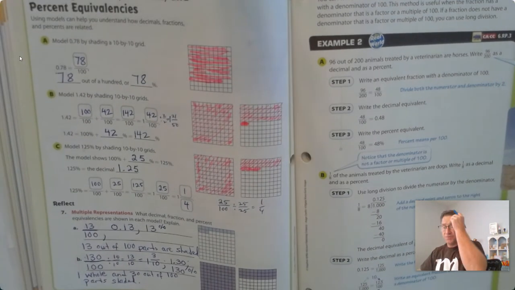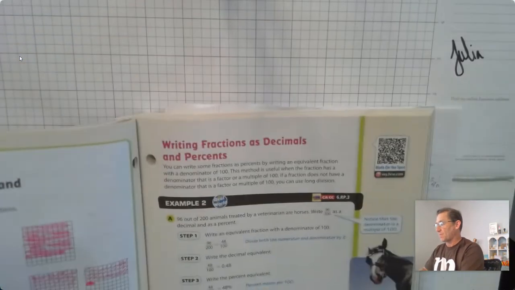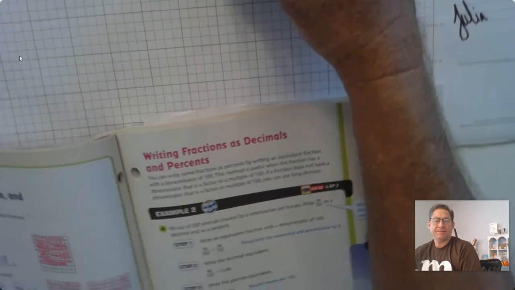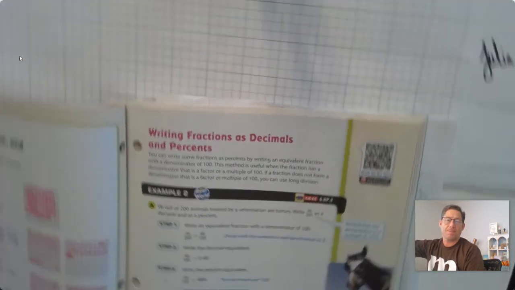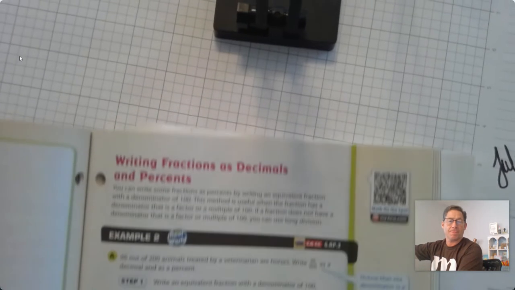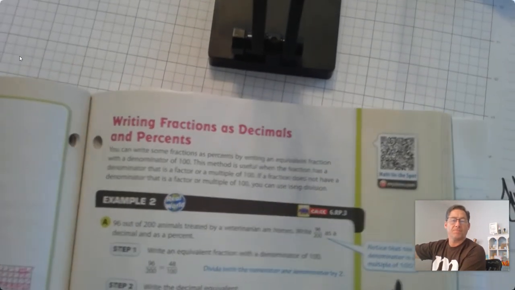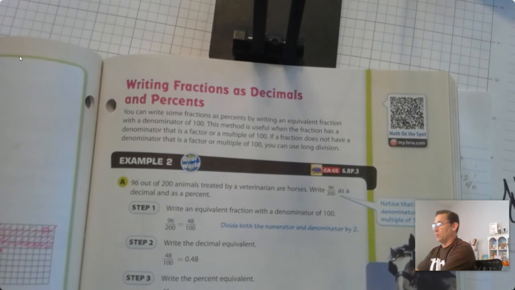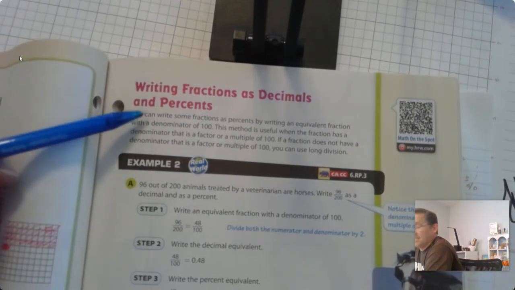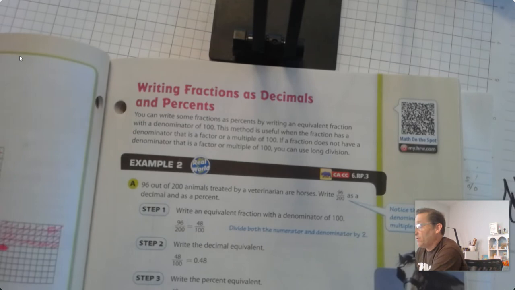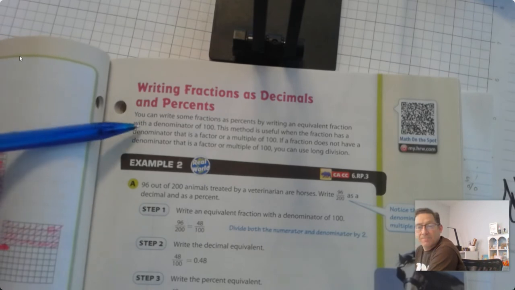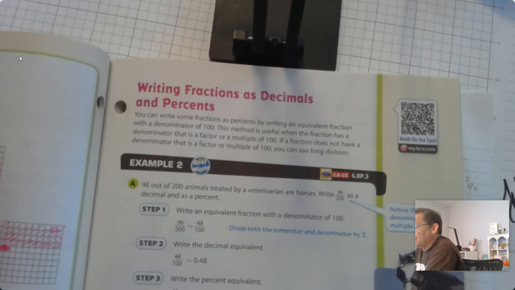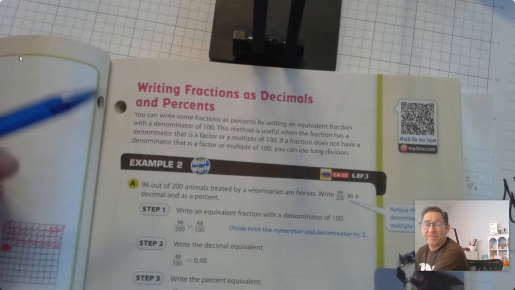Right, let's go to page 213. So how can we write fractions as decimals? Okay, so you can write some fractions as percents by writing an equivalent fraction with the denominator of 100. This method is useful when the fraction has a denominator that is a factor or a multiple of 100.